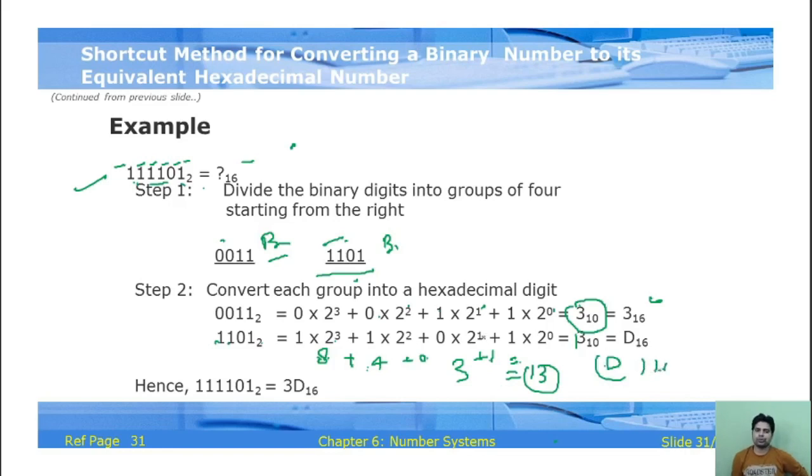Clear? So we combine them: 3 and D in base 16. Clear?